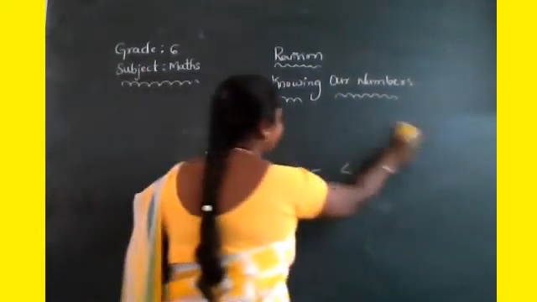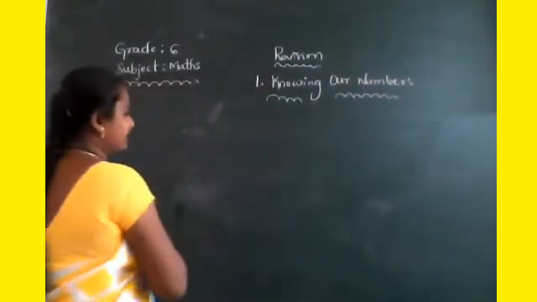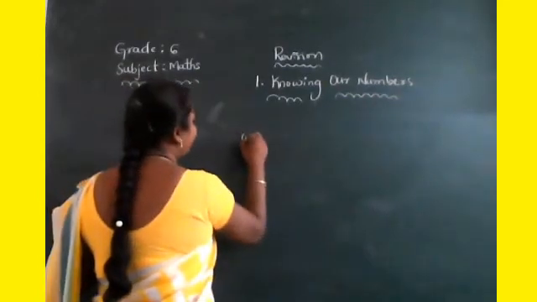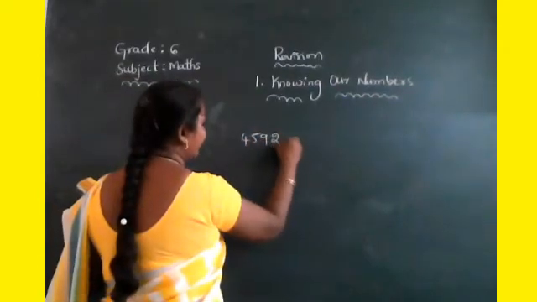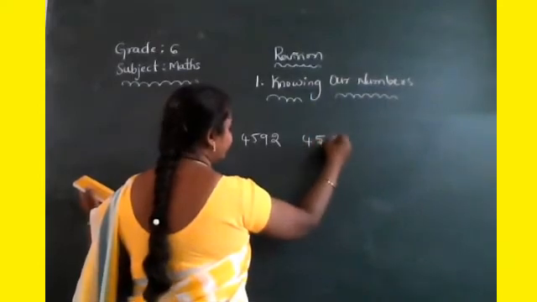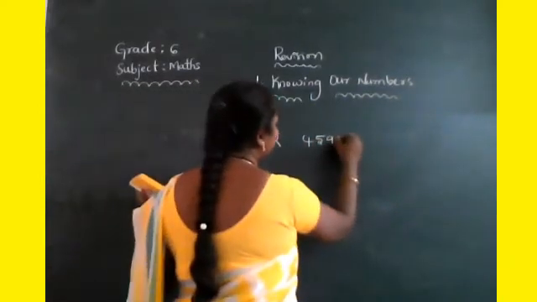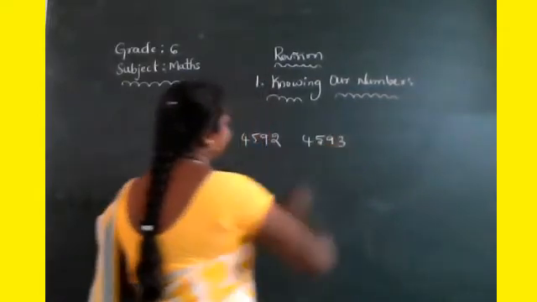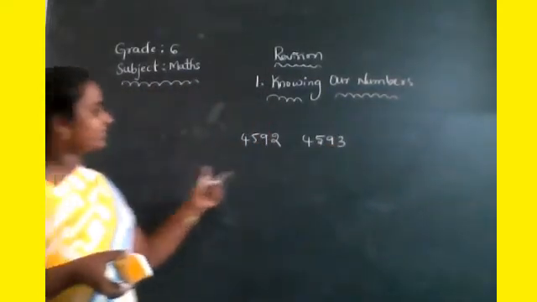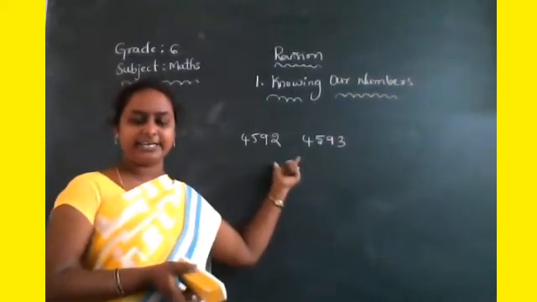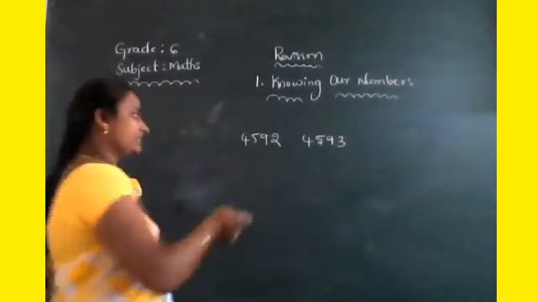Suppose the same digits are there in the numbers, 4593 and 4592. Which is the greatest? Yes, this one also.